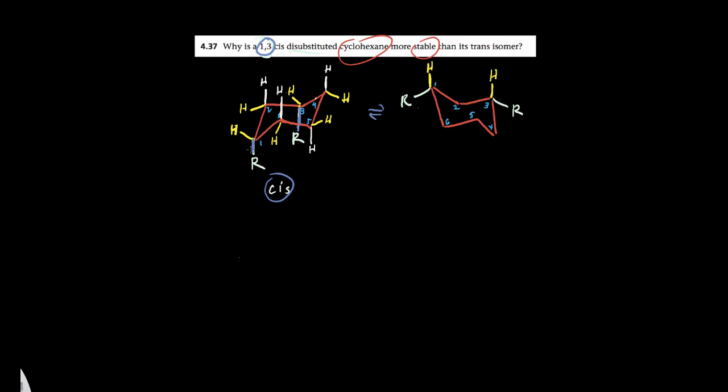So notice that after we flip the chair, both R groups are equatorial, which means that this equilibrium lies far to the right and just a little bit to the left, because this is much more stable than the other ring flip form.